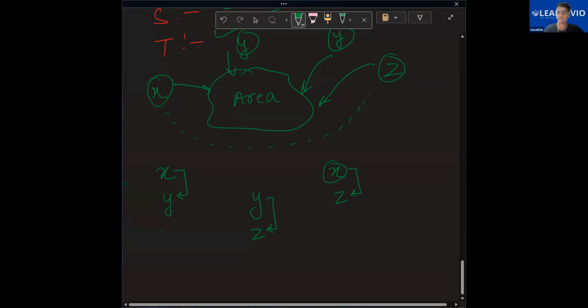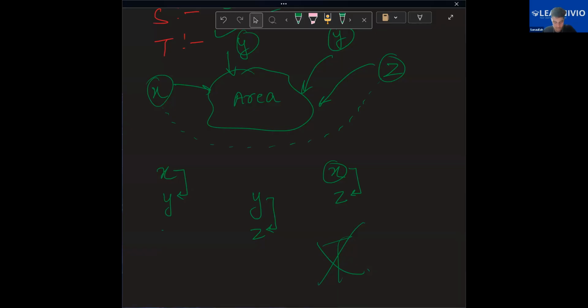So this is not a transitive case. So that was the mistake in your B part. Now the C part. For all the cases A, B, C, you wrote only reflexive, है ना?